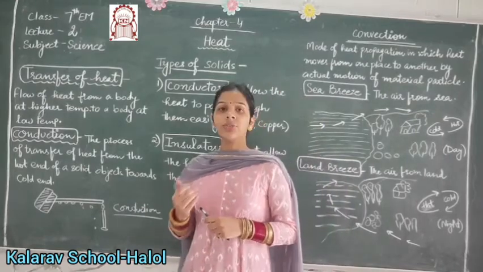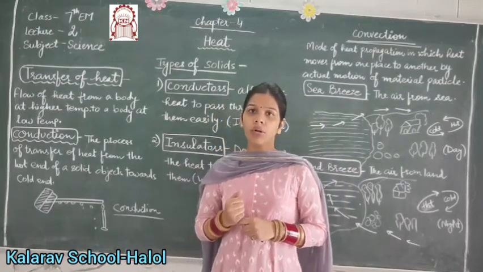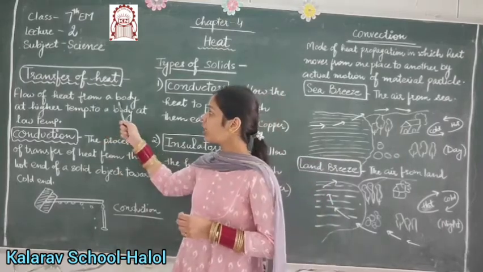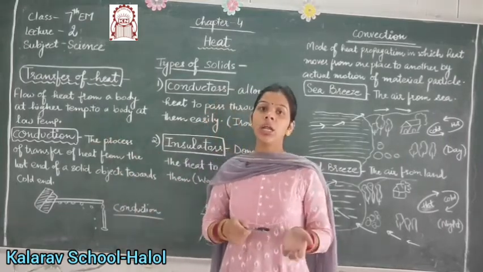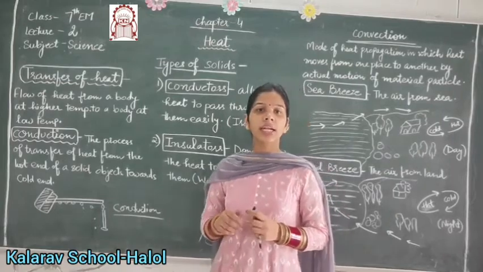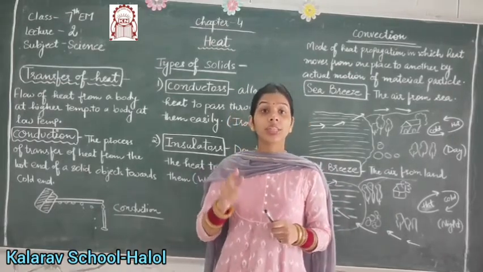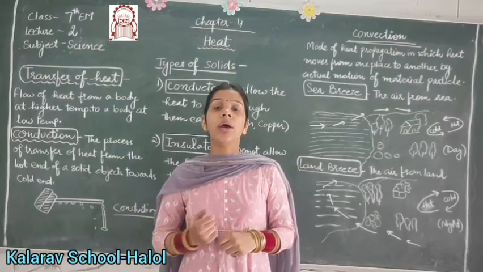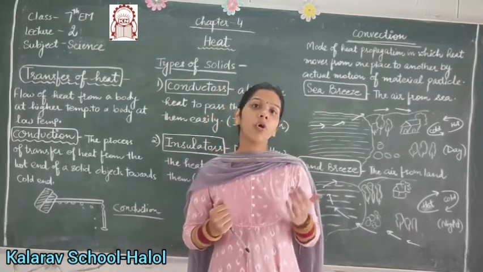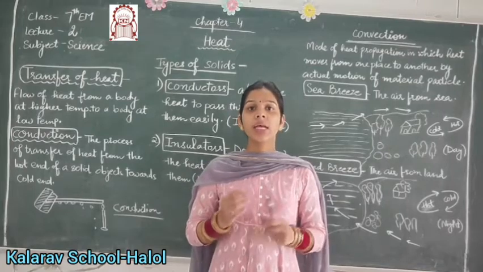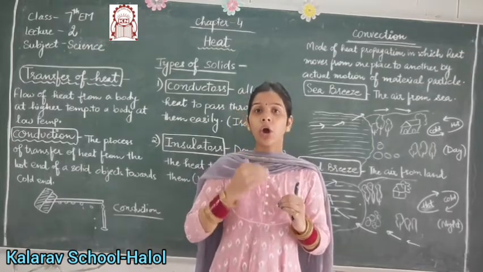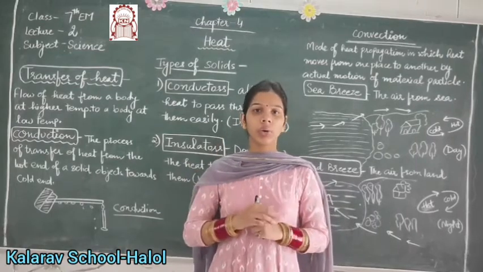Transfer of heat involves the movement or flow of heat from a body which is at higher temperature to a body which is at colder temperature. That is the reason hot tea becomes cold after some time, as the hot tea transfers its heat to the colder surroundings.